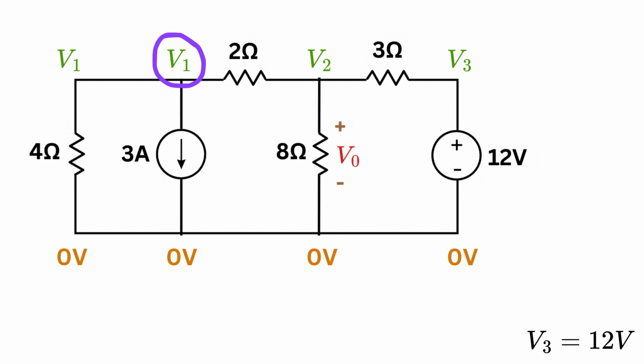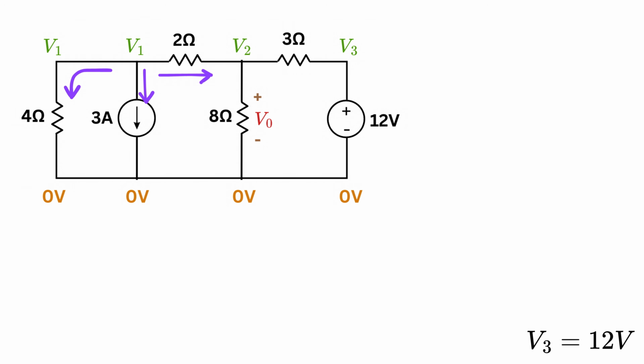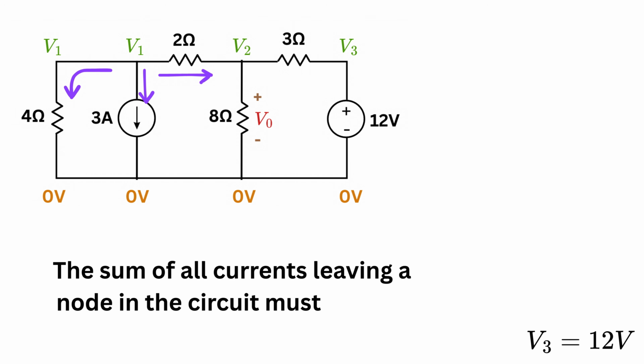We have 3 paths leaving this point, this 4-ohm resistor going down to ground, a 3-amp current source also going down, and a 2-ohm resistor going toward the middle node, V2. The idea of nodal analysis is simple. The sum of all currents leaving a node in the circuit must be 0, with each current written as the node voltage difference divided by the resistance along its path.